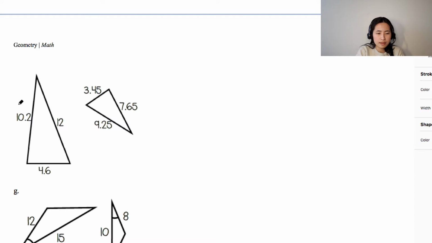So if you have 10.2 and you rotate this counterclockwise, you're going to compare that with 7.65. I'm taking the larger triangle. Again, there is no preference. If you want to take the smaller triangle first, go ahead. Just make sure it's consistent for all three fractions or ratios. So if you have 10.2, that's going to be over 7.65.